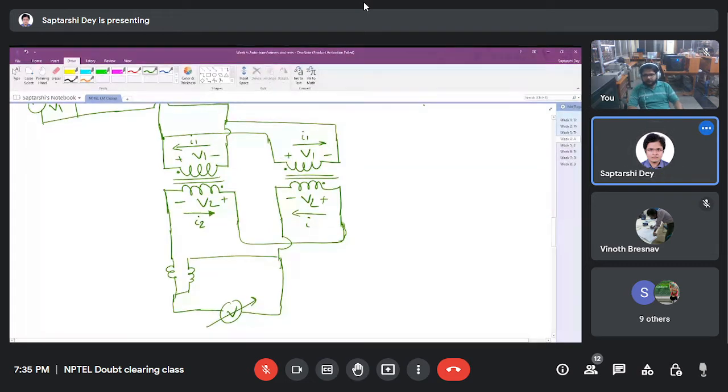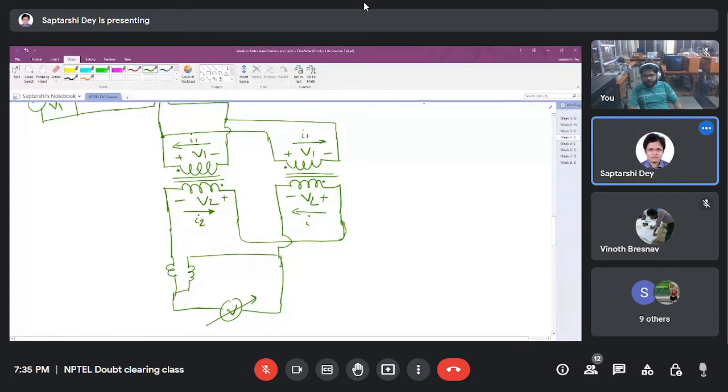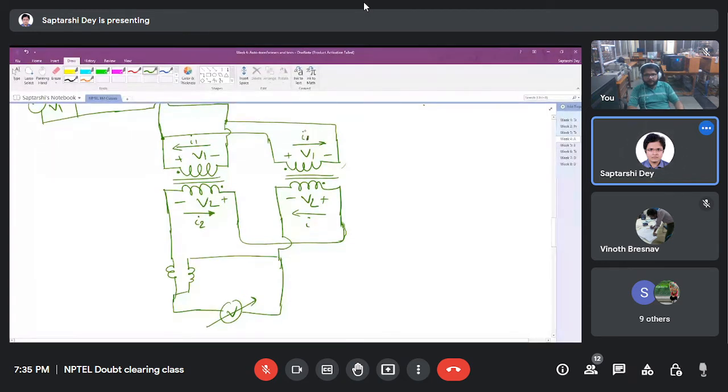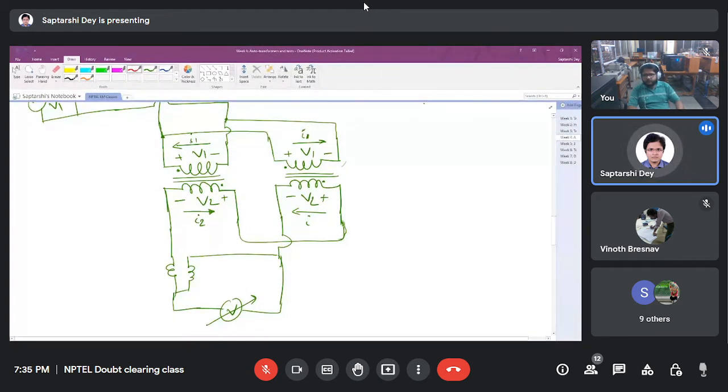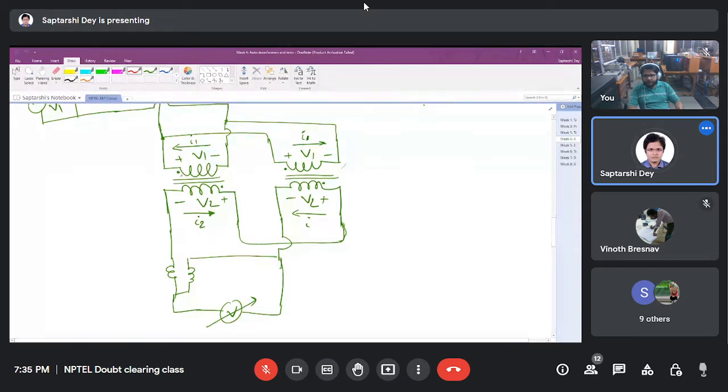Now, if you track the path of I1, it goes like this. Here you see the same current I1 is flowing. So basically this I1 is flowing in this loop. Right?